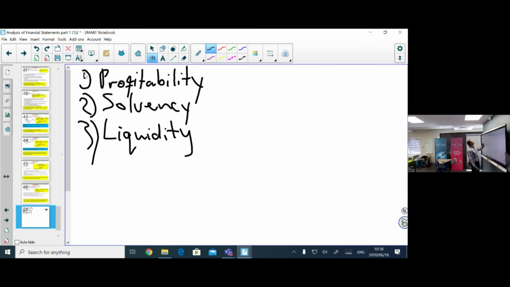Please go and study these three, because tomorrow we will start. Tomorrow we'll do exercises based on profitability. Then, as we find time, we'll go on to the other two.